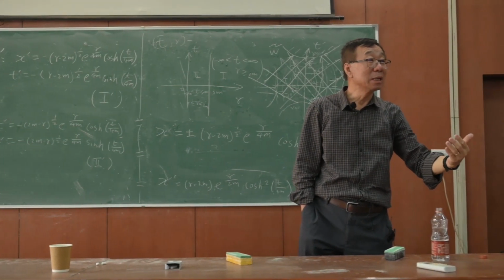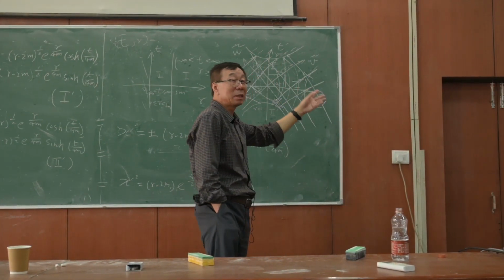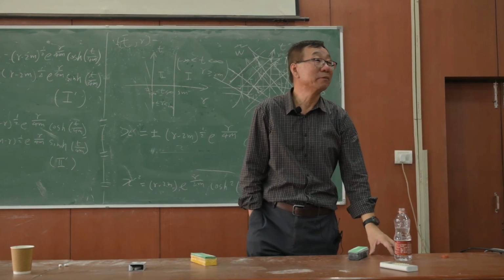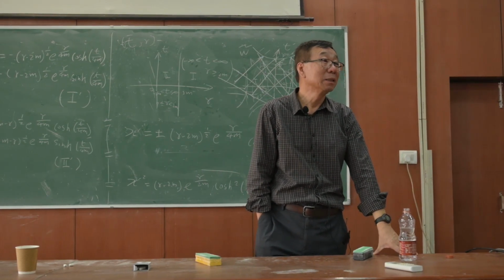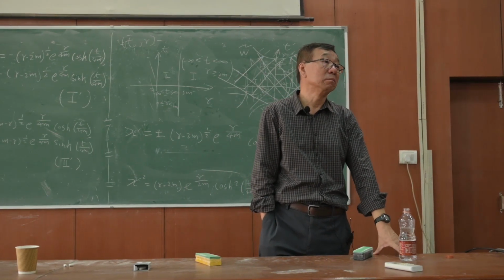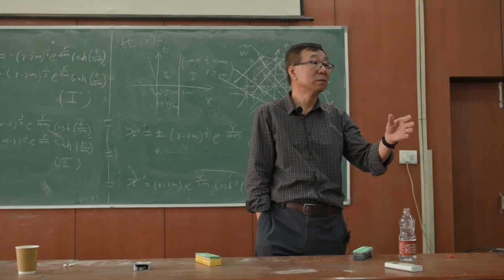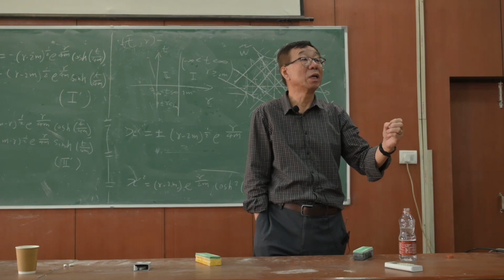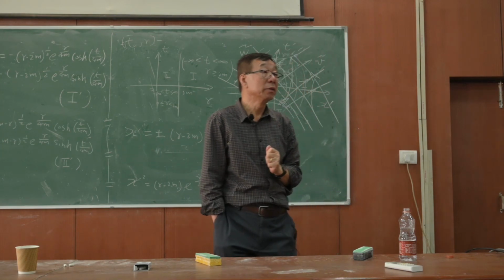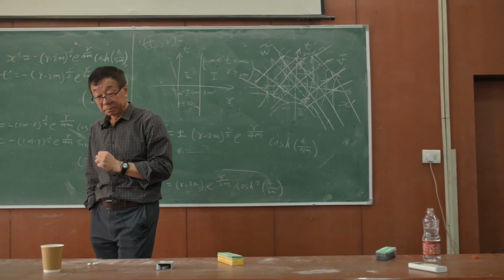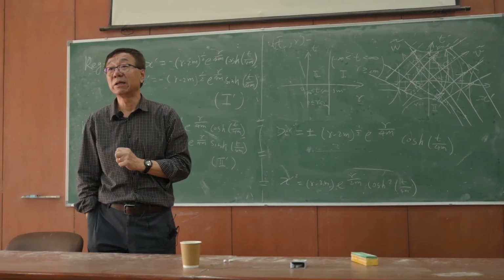Now the next question is, does the whole picture of any part make physics? I think the answer is that we do not know. That's why we are still struggling. Okay, very good. Any other questions?